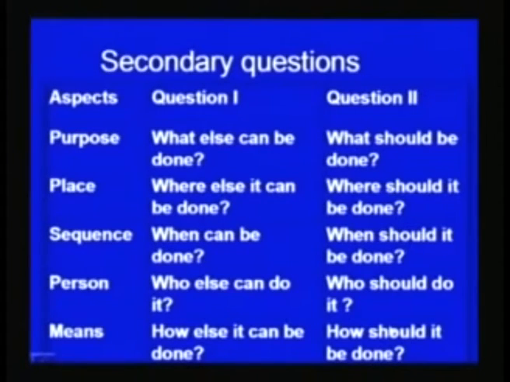So, this is the way by which primary and secondary questions are imposed, and each and every activity is challenged to see what is important for carrying out a particular job, and what the various options are, and which option should be selected in terms of the purpose, place, sequence, person and the means.